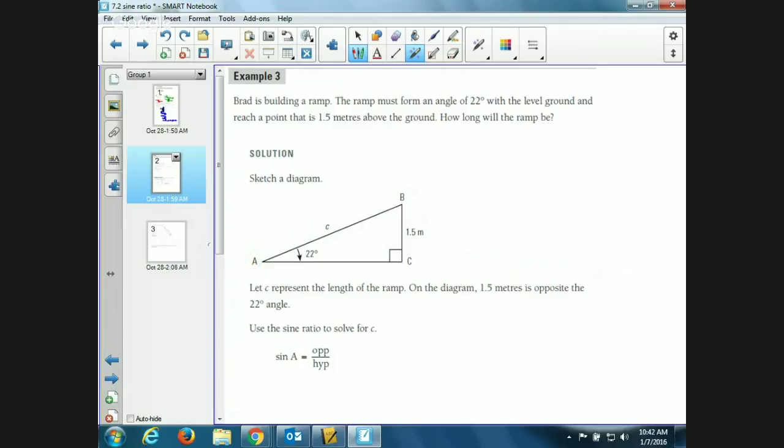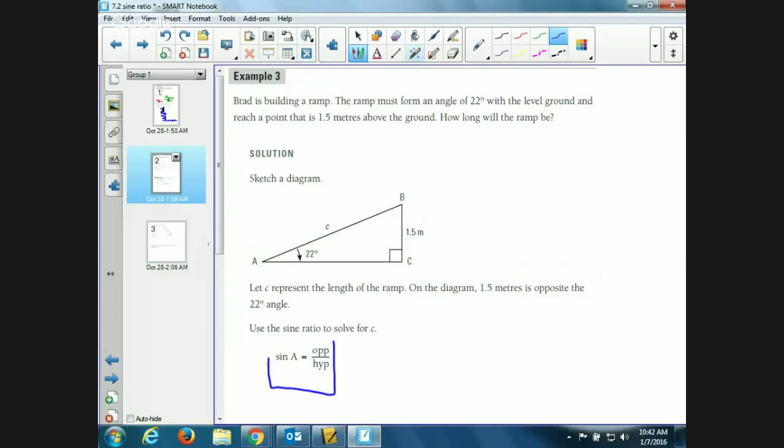So what are you going to do here? We're going to use the sine ratio. Everything you can assume is the sine angle. As a reminder, the sine of A is opposite over hypotenuse. Well, we take a look at this.